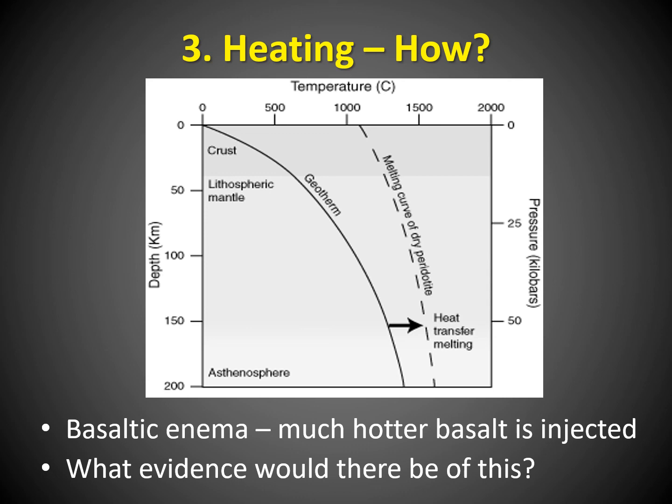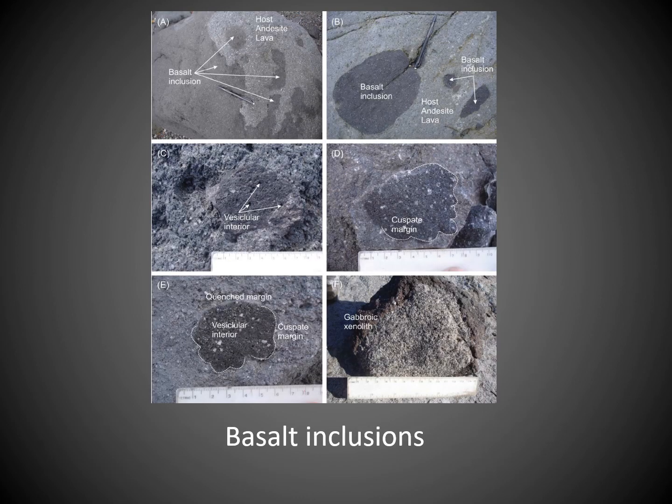I'll let you finish your notes though, then we'll finish with that. So here are some photos of some basalt inclusions in some more silicic rocks, mostly andesites, okay? So up here, you can see this is the main lava. It's andesite, but you see lots of little basalt clumps.